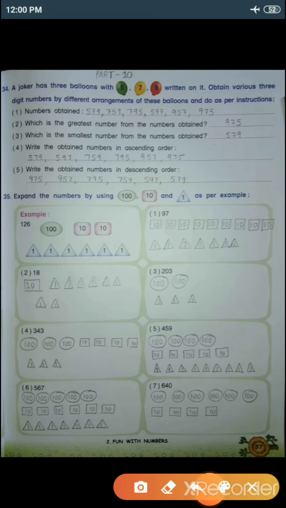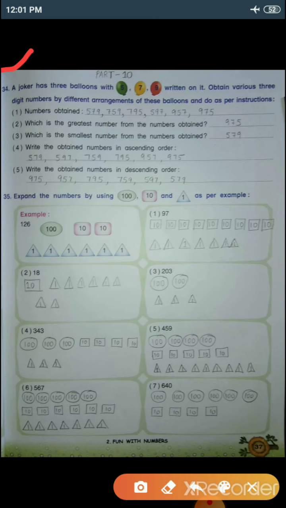Let's read line by line. A joker has 3 balloons with 5, 7 and 9 written on them. Obtain various 3-digit numbers by different arrangements of these balloons and do as per instructions.